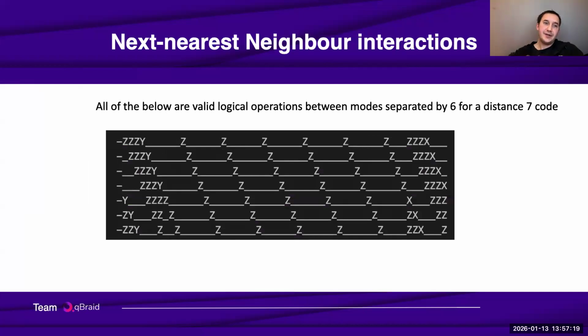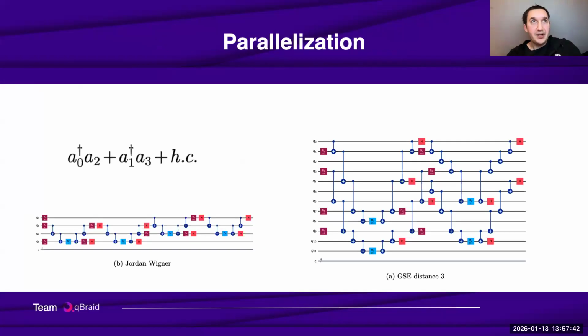Another useful thing that came out of choosing the Majoranas this way is that when you hop between next nearest neighbors, you only have the same overhead as your Jordan-Wigner encoding, so a single Z operation, even though you have this extra error correcting or error mitigating properties. And the benefit is that now you can parallelize Trotter operations.